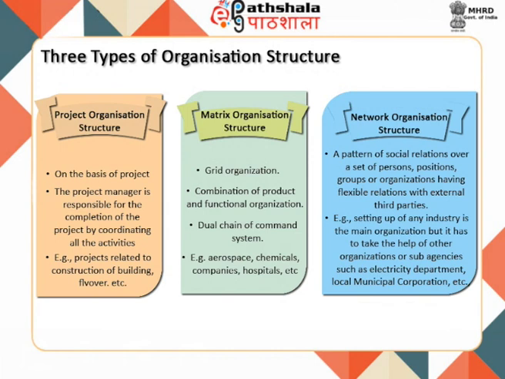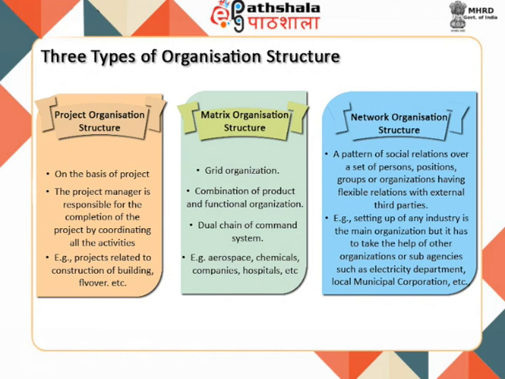In this structure, the organization is created on the basis of the project that the organization is proposed to handle and its related activities. The project manager is responsible for the completion of the project by coordinating all the activities in that direction. For example, projects related to construction of buildings, flyovers, etc.